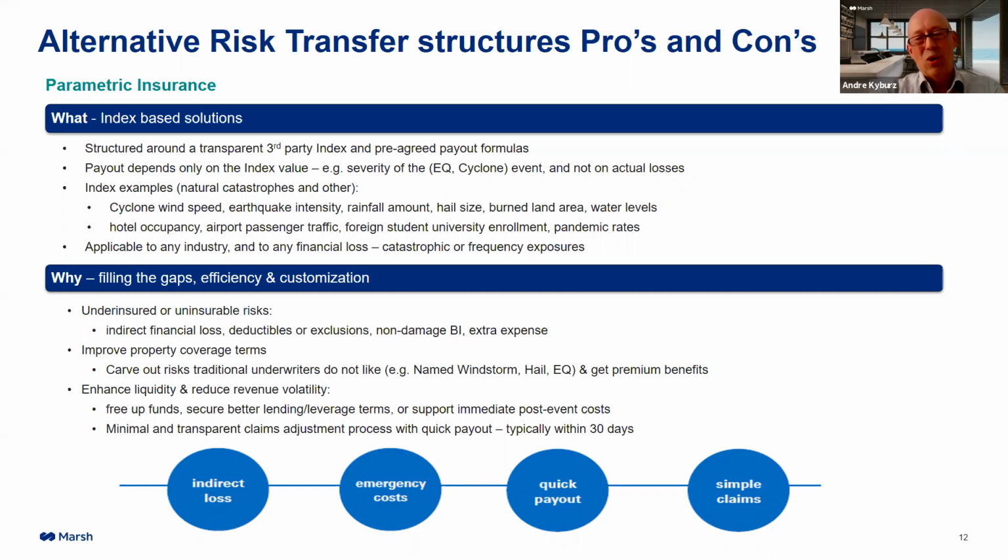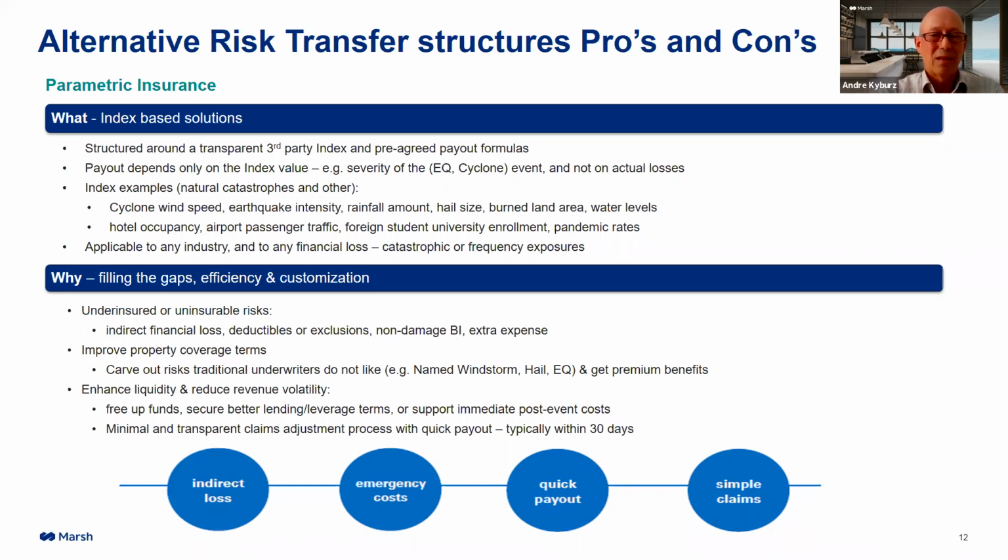And the cons I see are, for example, when the trigger of the parametric solution is not properly structured, then that sort of insurance wouldn't pay out if the trigger is not hit or met.